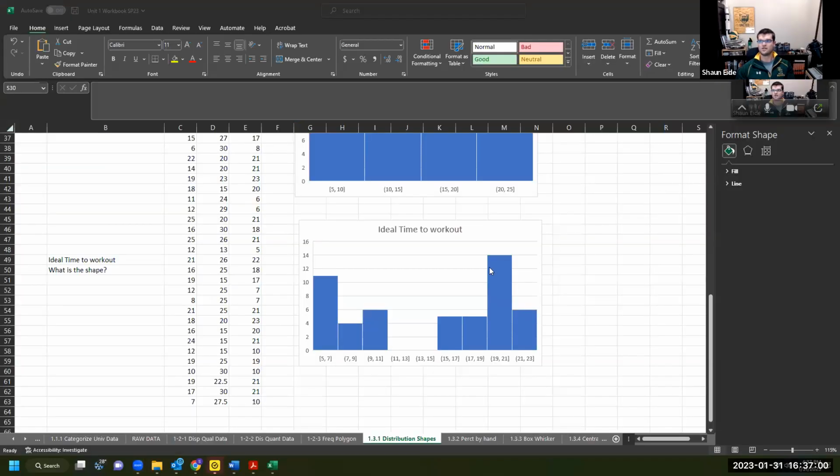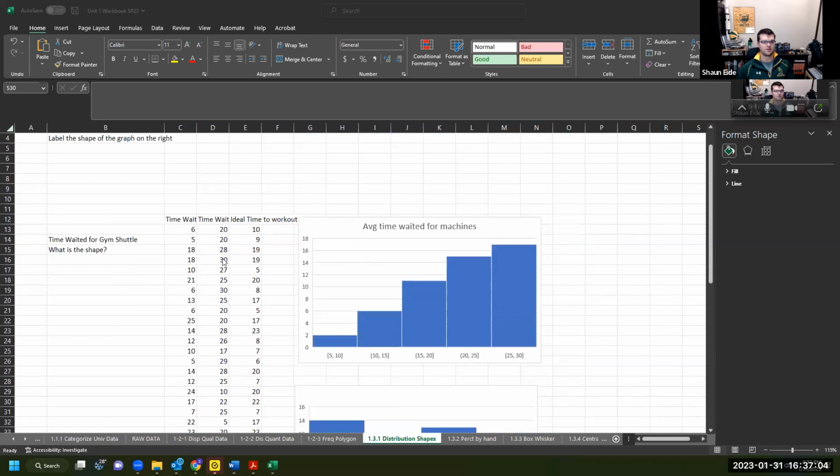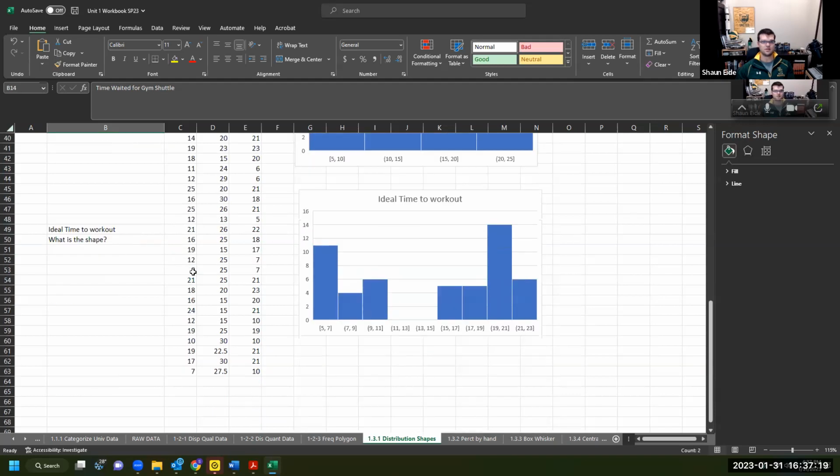And this right here is the Excel workbook. And what we're doing is we've got the shape of the distribution that we're looking at. So the time weighted for the gym shuttle, what is the shape? Let's see.